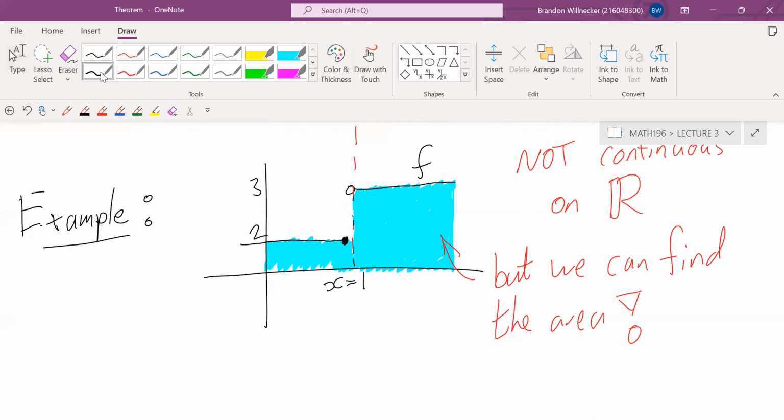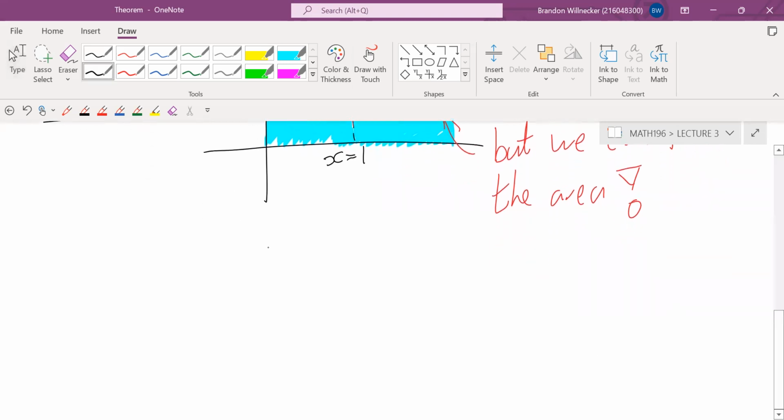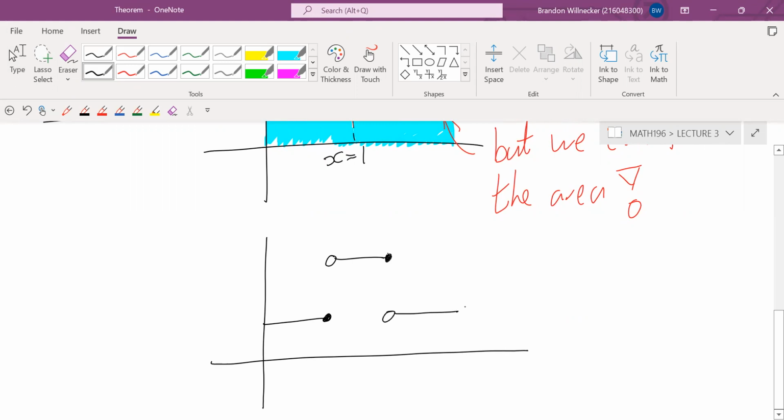Let's look at an example with some more jump discontinuities, but still finitely many. That's the important part. So let's say it goes like this, then like this, then maybe like this, something like that. Let's call this f. Well, it is definitely not continuous.